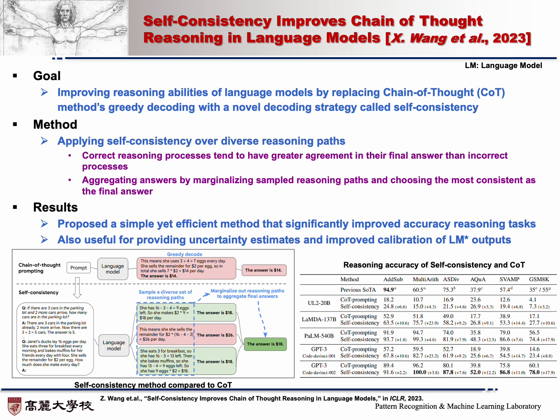Now, looking at the results, the methodology they proposed was not only simple, but also extremely efficient. They managed to achieve substantial improvements in the accuracy of reasoning tasks, but that's not all. The self-consistency strategy also turned out to be invaluable for estimating uncertainties and refining the calibration of language model outputs, adding another layer of reliability.